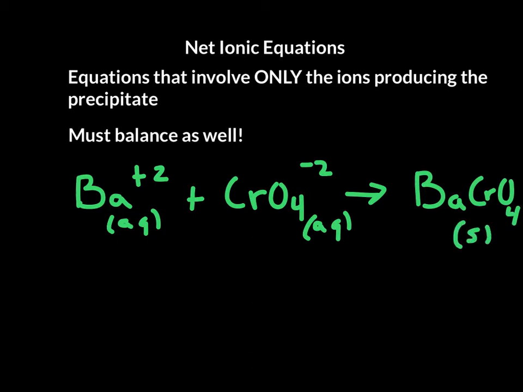Now when we take a look here, everything has to be balanced. Well, we only have one barium ion and one barium ion, one chromate ion, one chromate ion. Our +2 and -2 charges cancel each other out on this side, so the reactant side has an overall 0 charge, and our precipitate also has an overall 0 charge. So this reaction is balanced. This is how you write net ionic equations.